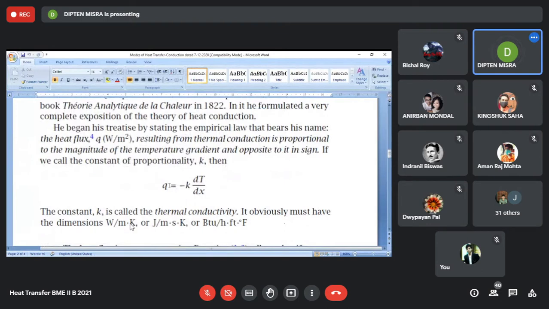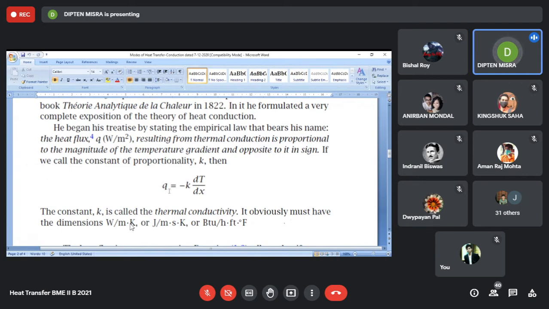There are different books, and they use different symbols at different places. There is no standardization, and we should try to be uniform in our use of symbols, but sometimes we may make mistakes. As I said, heat flux can be shown either by q double prime, or sometimes simply by lowercase q.